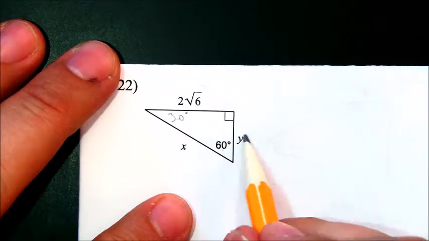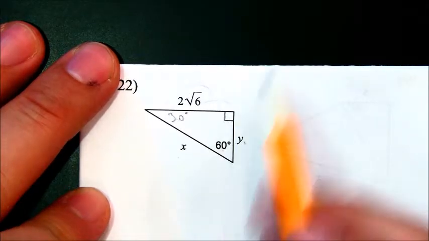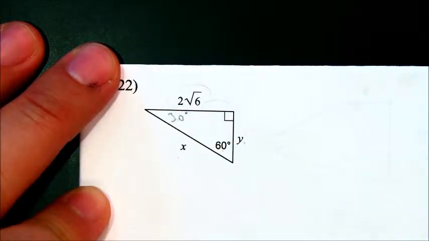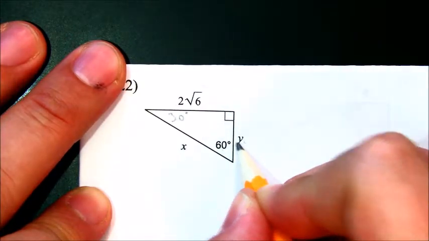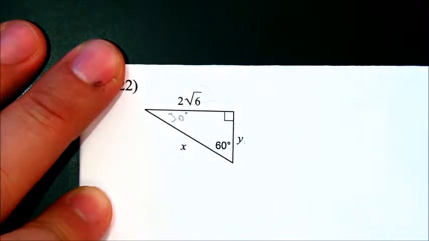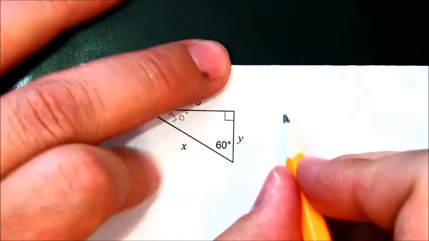Now, it's always easier with the 30, 60, 90 triangle to just try to find the short leg first. If you don't know the short leg, find that, because you can get everything else from that. To go from the short leg to the long leg, I multiply by the square root of 3. So to go from the long leg to the short leg, I'm going to divide by the square root of 3.